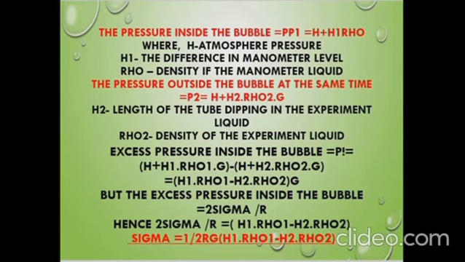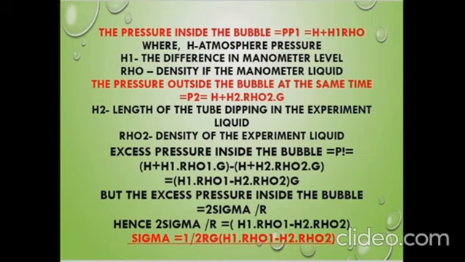The pressure outside the bubble at the same time equals P2 equals H plus H2 into rho 2 into g. H2 is the length of the tube dipping in the experimental liquid. Rho 2 is the density of the experimental liquid. Excess pressure inside the bubble equals H plus H1 into rho 1 into g minus H plus H2 into rho 2 into g.